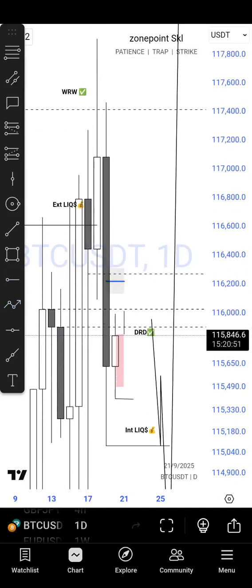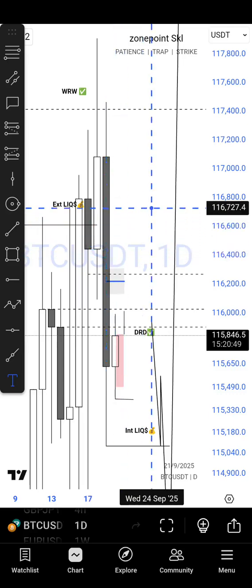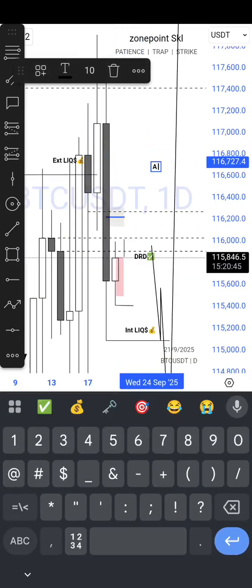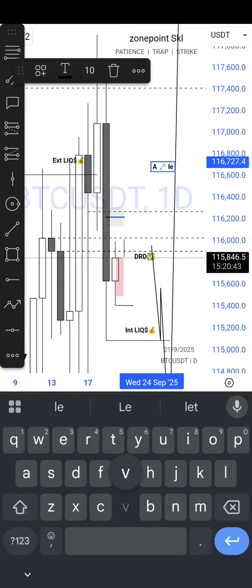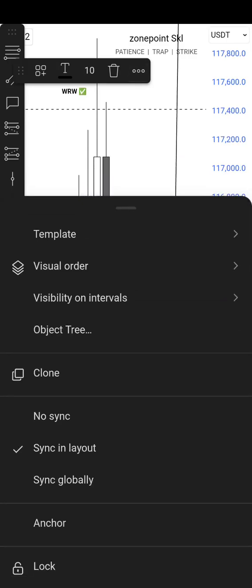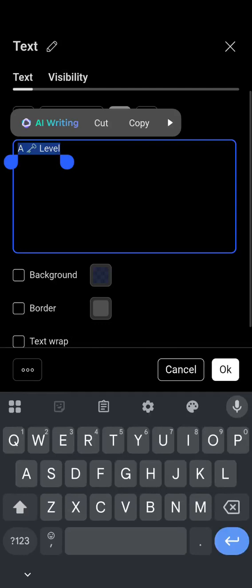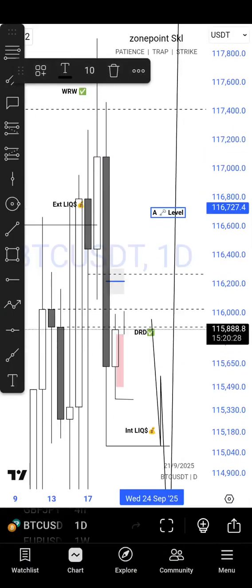We have this, let's write it out. This is called A key level. We have this A key level here. Sorry guys. Yeah, we have this A key level there.